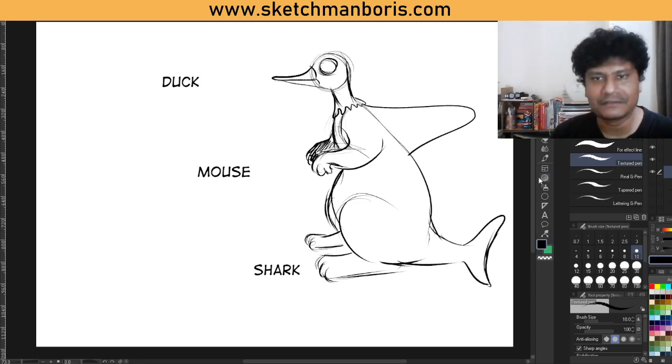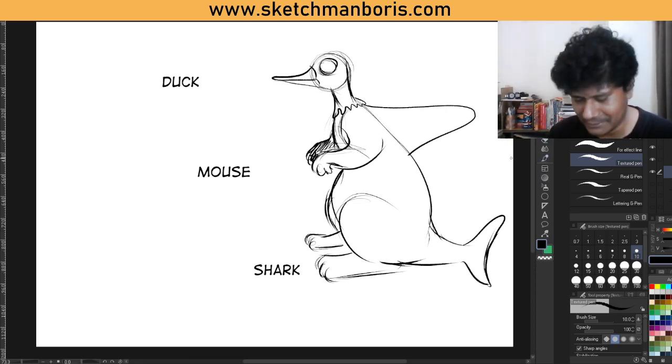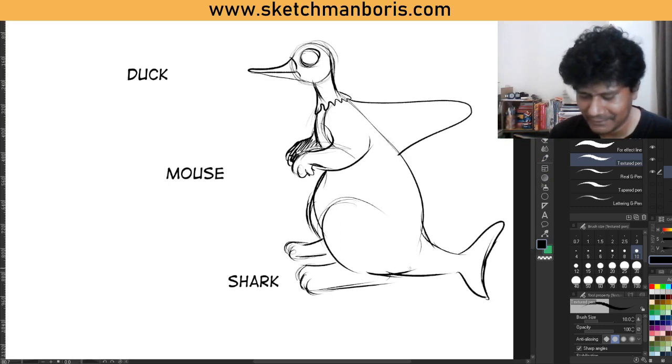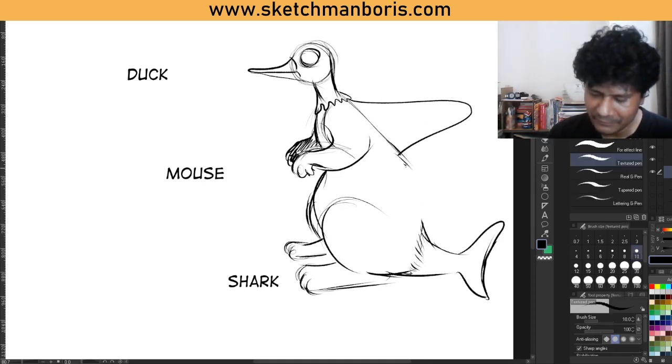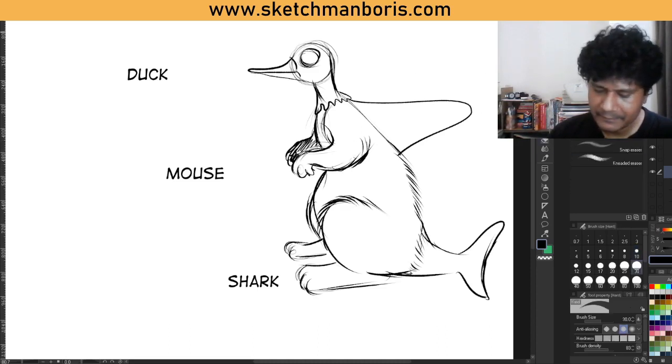I'm guessing the shark's tail looks like this. I'm not sure. And same here, like we did with the cat's tail, if you want to suggest that it's furry, you can do this. A little bit like that.